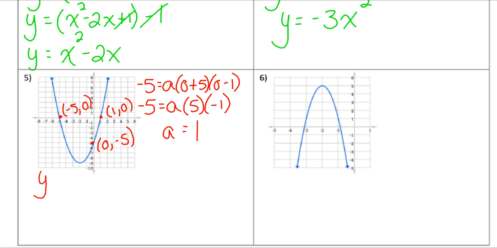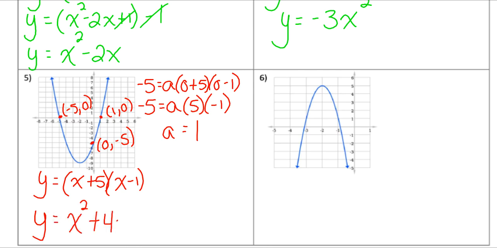So when I write that out in intercept form, it would be 1. Again, we don't have to write the 1 because it's multiplying, so it's an identity property. So I would have x plus 5 and x minus 1 in that intercept form. Multiplying those together to standard form, I get x squared plus 4x minus 5.